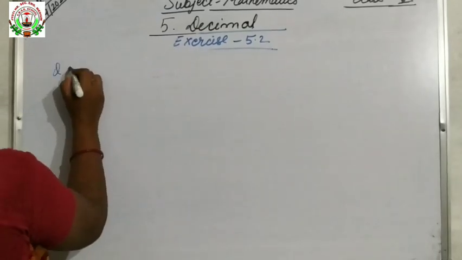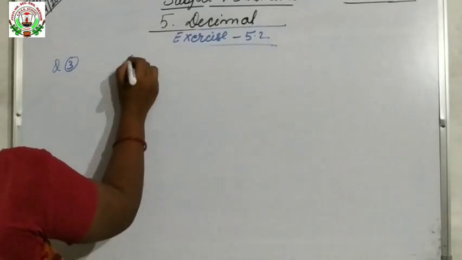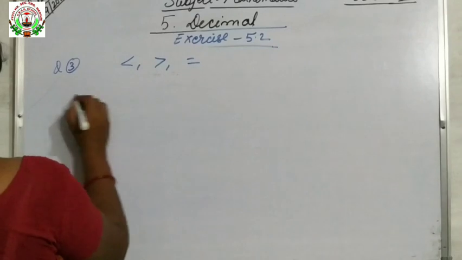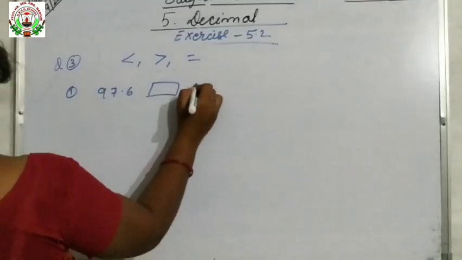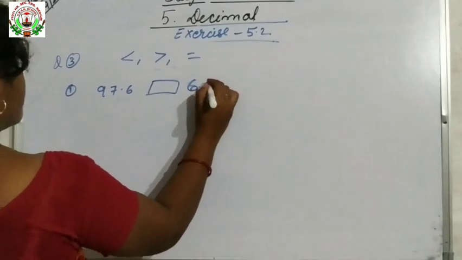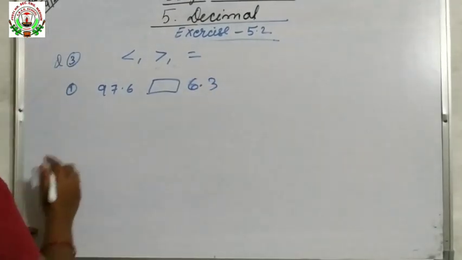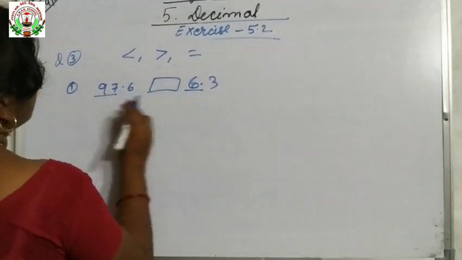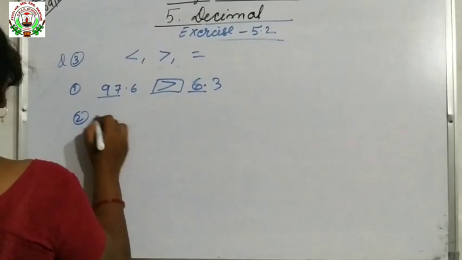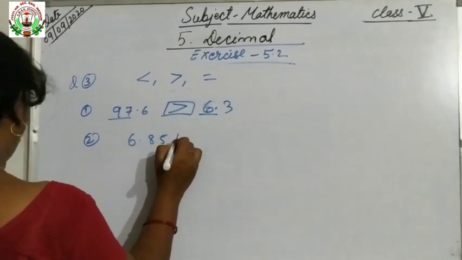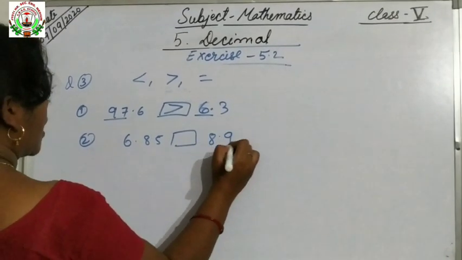Now see question number 3. In question number 3 we have to compare. We will put the smaller, greater or equal sign. Number 1, 97.6 and 6.3. For comparing, first we will see the whole part. It is 97, it is 6. So which is greater? 97 is greater. Similarly in number 2, 6.85 and 8.95.